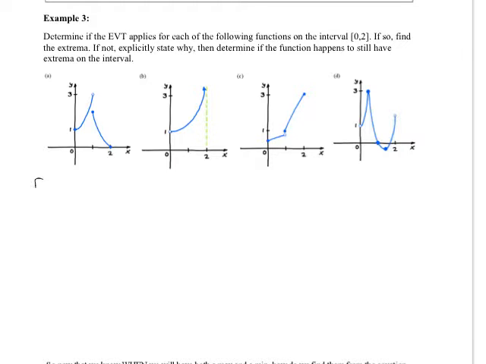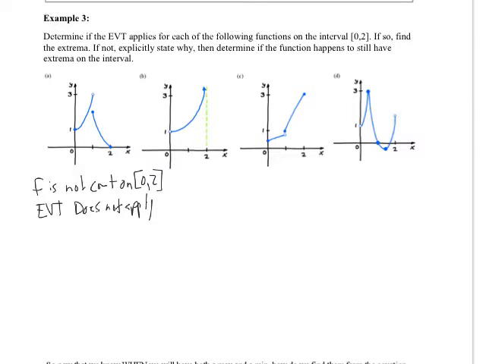So in part A, f is not continuous. You can see that the function is not continuous. So EVT does not apply. And more specifically, we need to say that it is not continuous on the interval 0 to 2.